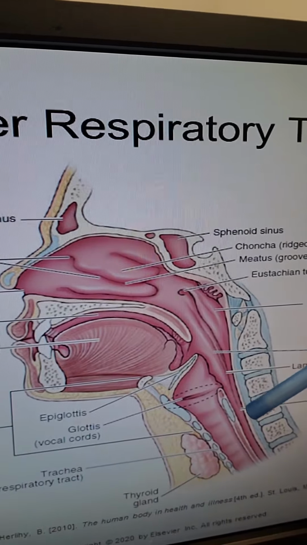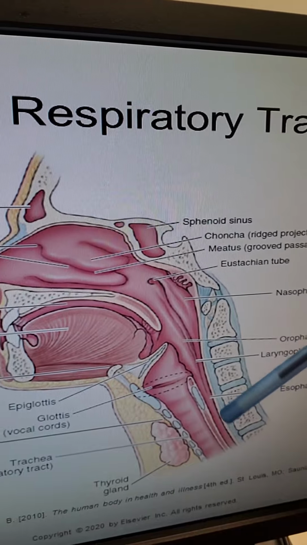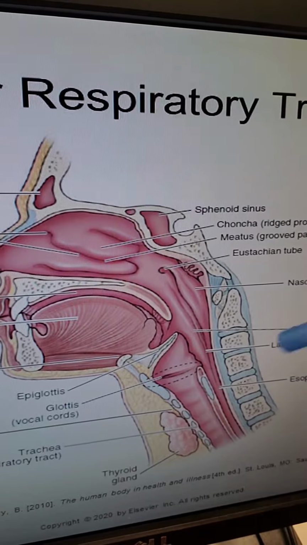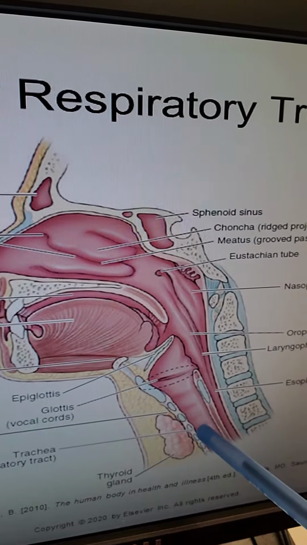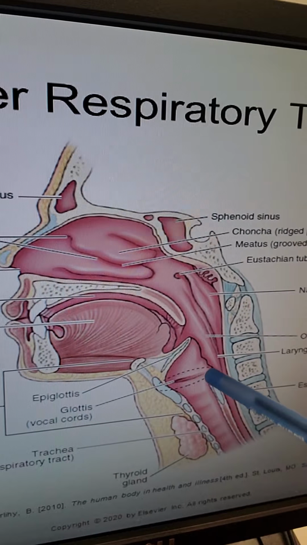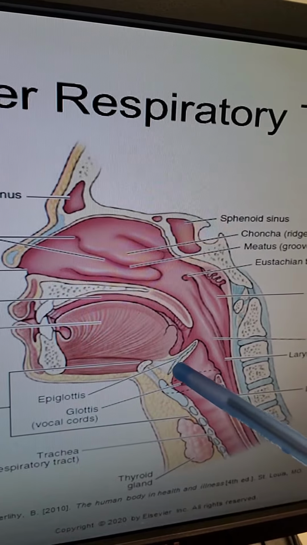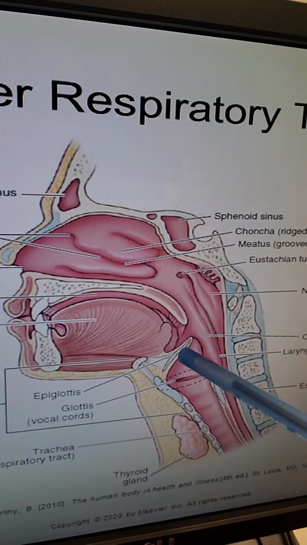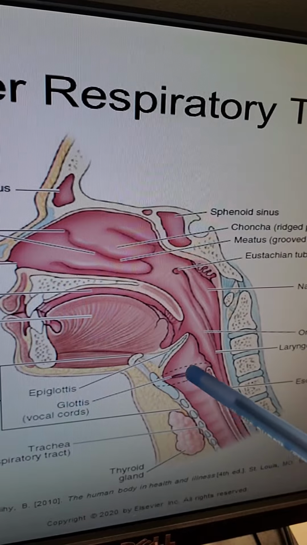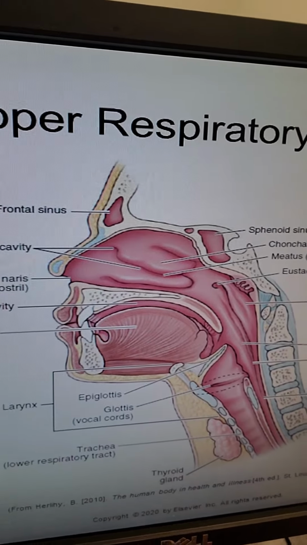And then this little tube is that esophagus we were talking about. Here is the trachea in the front. So trachea is anterior to the esophagus. Here's the glottis. Here's that epiglottis, the trap door we were talking about. And then your vocal cords are in here. Pretty cool. So that's upper.